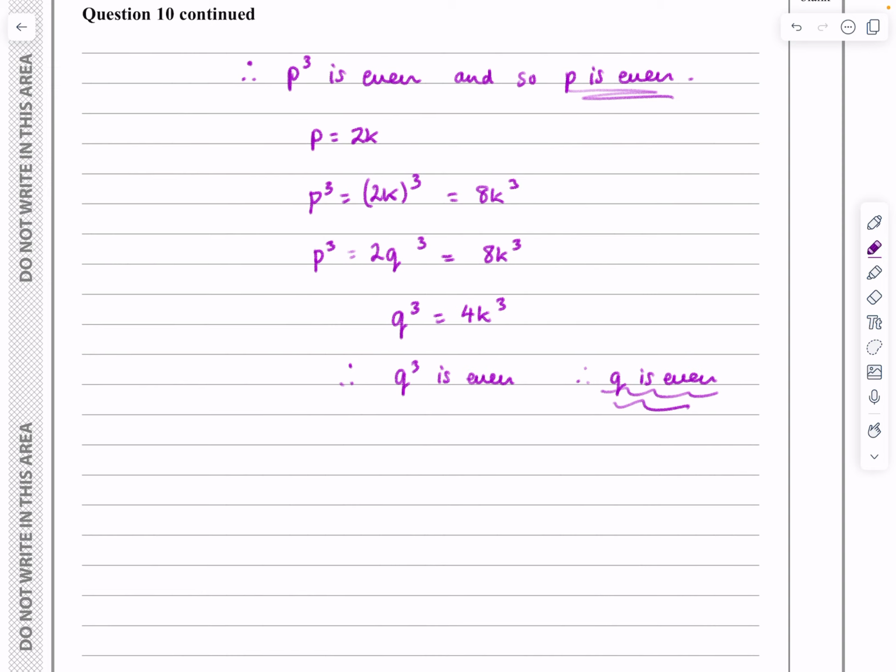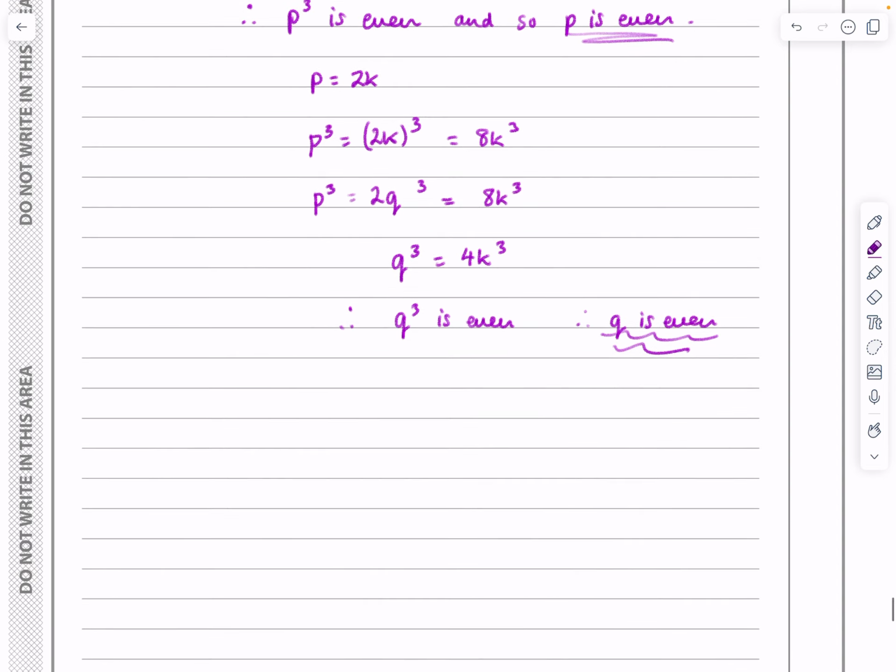If p and q are both even, then it's not a fraction in its simplest form. So there's my contradiction. So my original assumption is false, and so the cube root of 2 is not rational, it's irrational. Let's write all that down then.